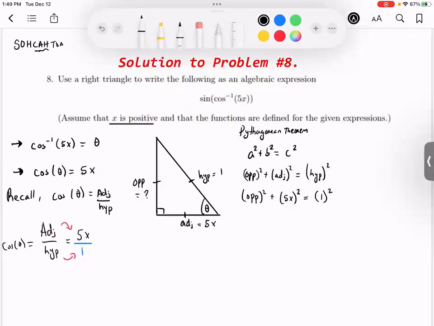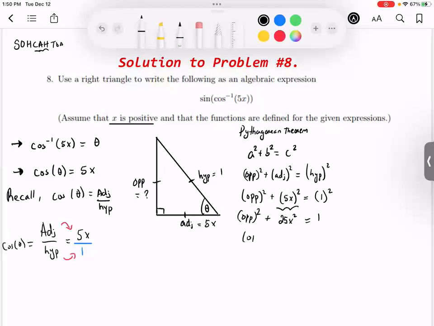Essentially what you have to do here is make a right triangle, see that one side is missing, and find it using the Pythagorean theorem. 5x squared is 25x squared, because you have to square both the 5 and the x. And 1 squared is 1.